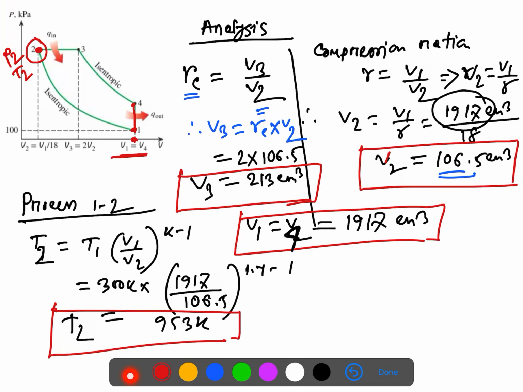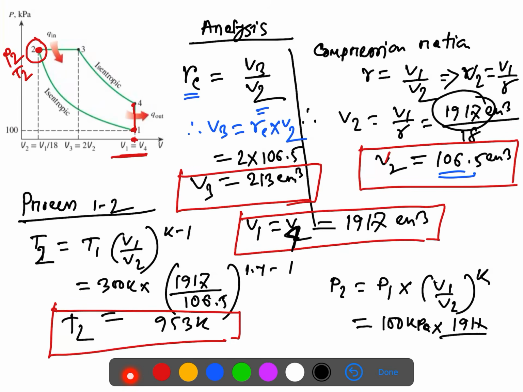Similarly, for the pressure formula, for isentropic compression of an ideal gas, P2 is equal to P1 times V1 over V2 to the power K. P1 is 100 kPa, V1 over V2 is 1917 over 106.5, and K is 1.4.